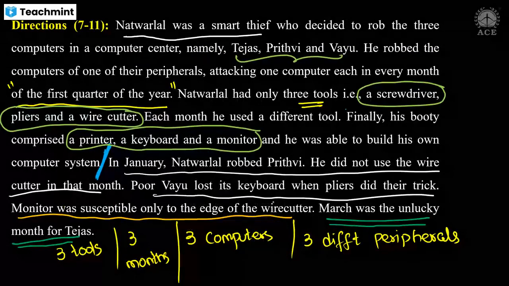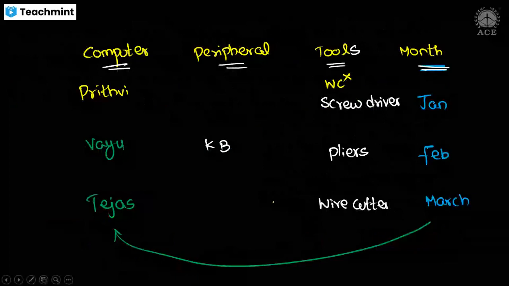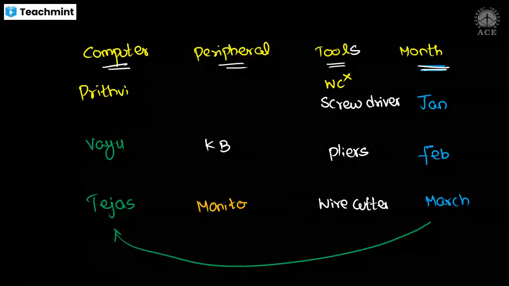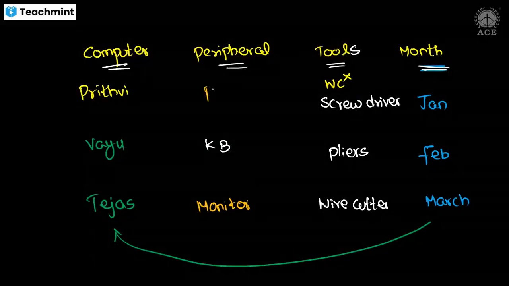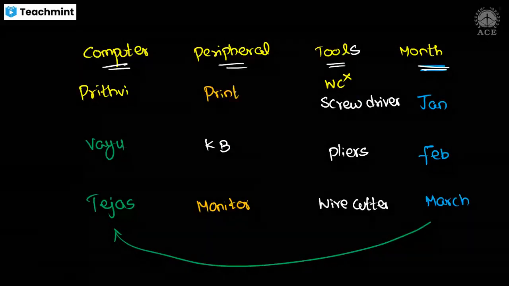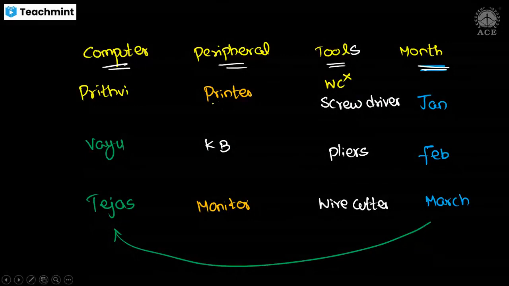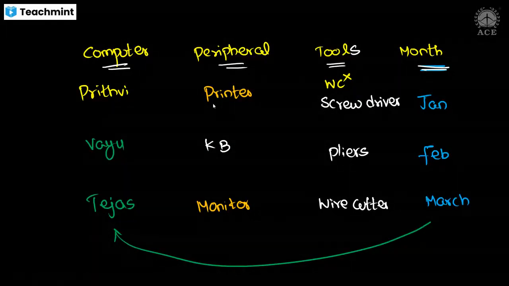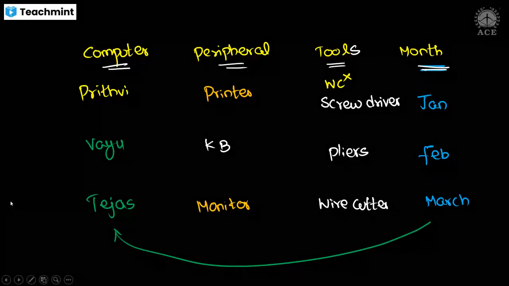We have monitor, printer. So with wire cutter, monitor is affected. That means with screwdriver, printer will come into the picture. So now we got the data: which computer, which month it is attacked, which tool is used, which peripheral is taken. So it's not done directly.